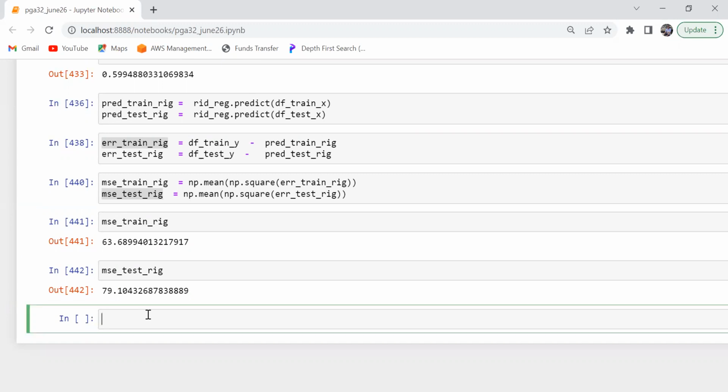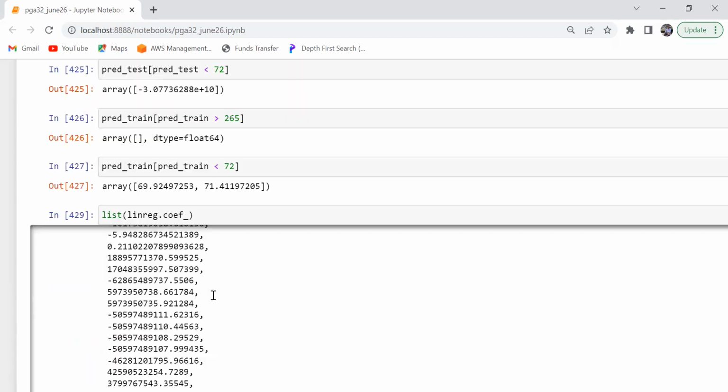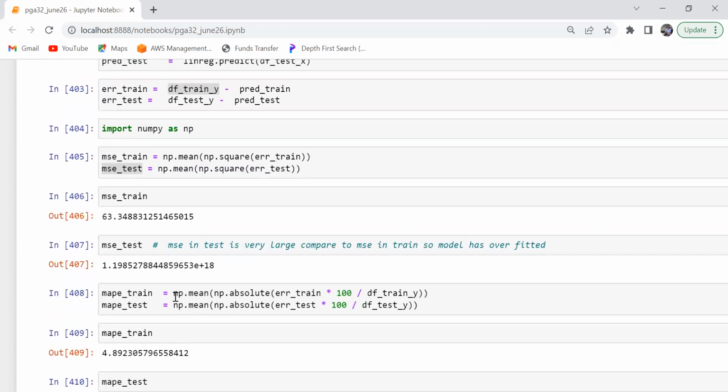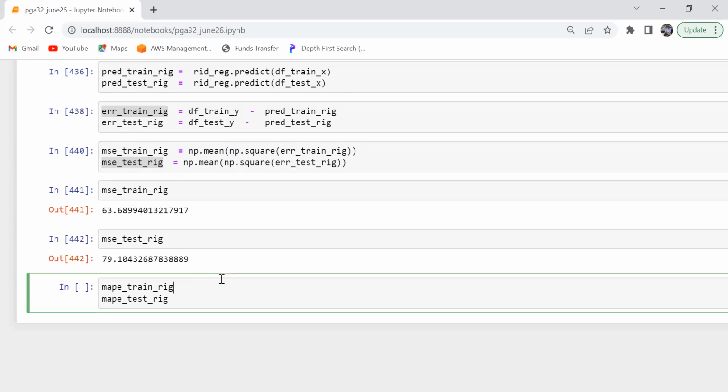Similarly, I can find the MAPE train ridge, MAPE test ridge. So MAPE का formula क्या लगाया था हम लोग ने? This one. np.mean of np.abs of the error.